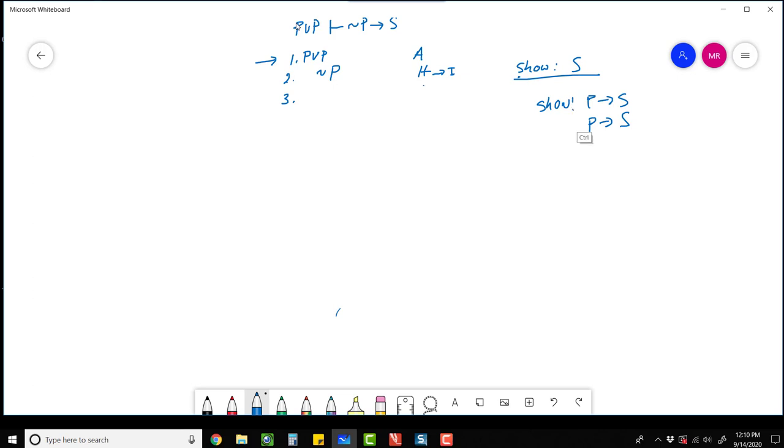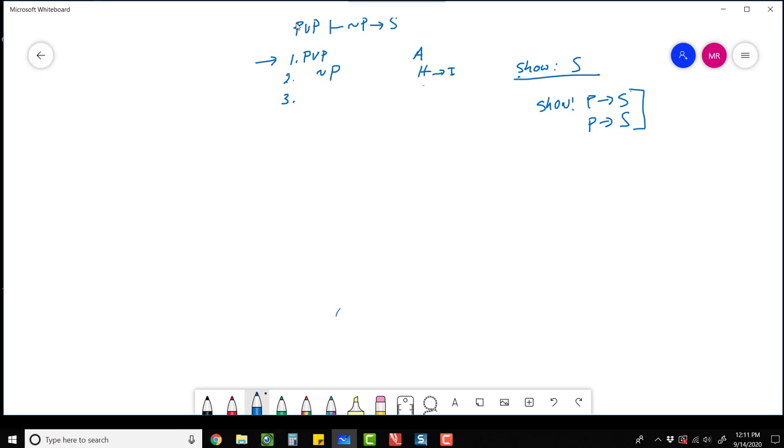Now, the only reason I'm saying it this way is because if the disjunction were something else, like P or R, you'd be showing if P then S and then if R then S for disjunction elimination. Of course, you don't have to show these twice, but that's just to remind yourself that when you do disjunction elimination, you're always going to be citing two lines, two conditionals, which in this case would actually be the same conditional.